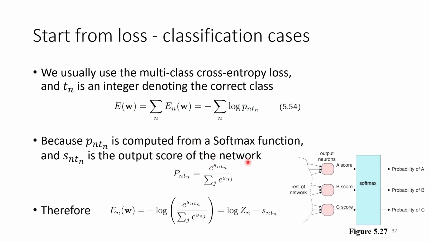Therefore, from the definition of the softmax layer, the error of an instance is the negative log of the probability. It becomes log Zn minus Sntn. And what is Zn? It's just the denominator term.